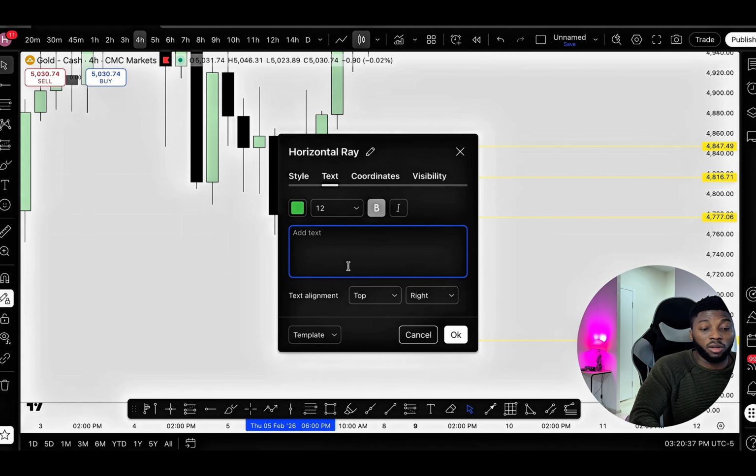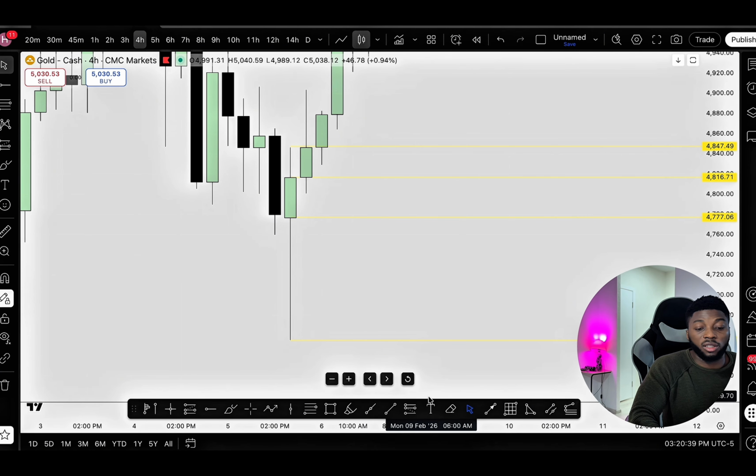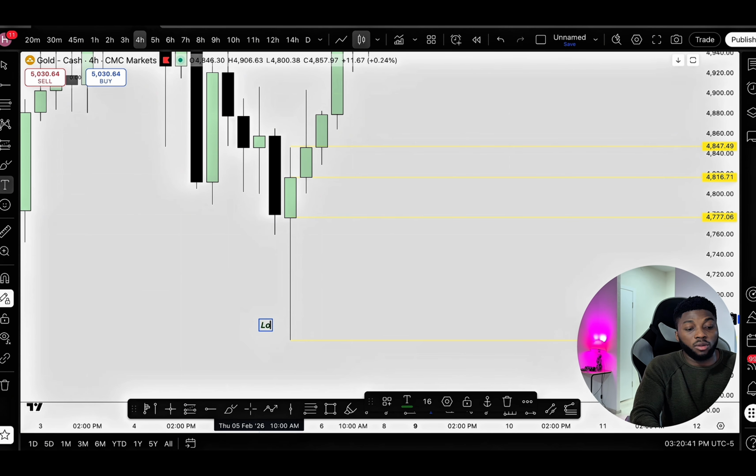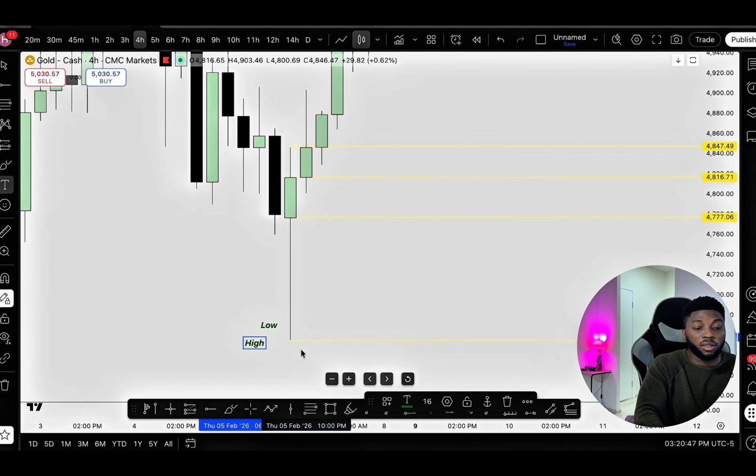So here should be our low. Let me use the text instead. Here should be our low, high. I want to write it all down, then I'll move it later.